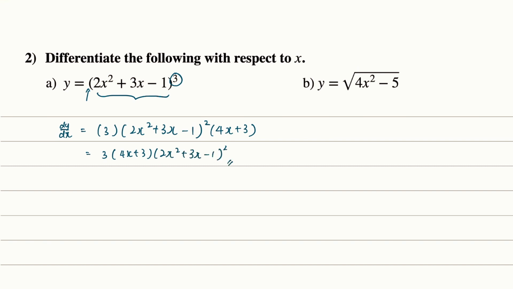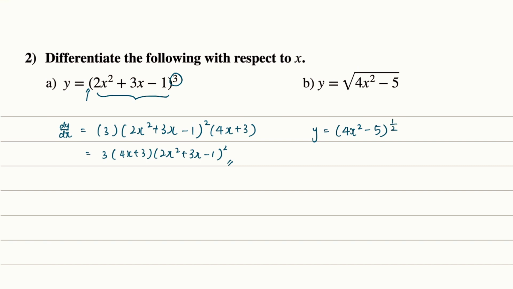So the final answer would be (4x plus 3) multiplied by (2x squared plus 3x minus 1) to the power of 2. Now we have another example that we can use to apply the chain rule. This is y equals the square root of 4x squared minus 5. Let's change this format so that you can see it better. So we will have y equals (4x squared minus 5) to the power half.